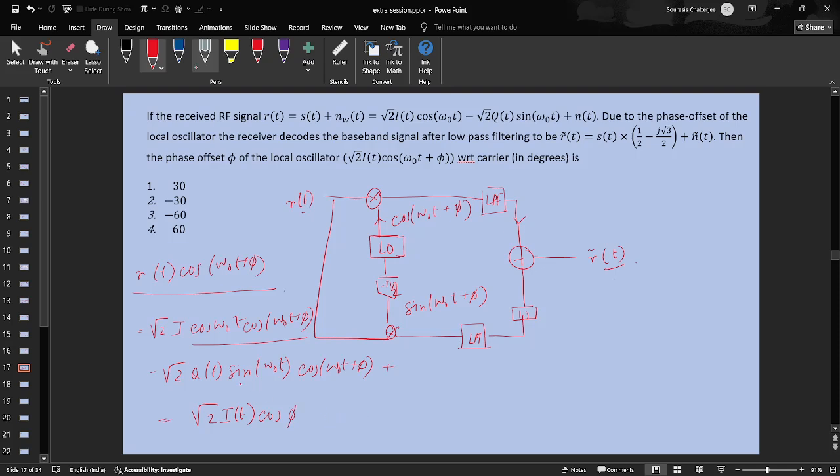Similarly here we have sin a cos b. So what is the formula for that? Sin a cos b is sin a plus b plus sin a minus b.